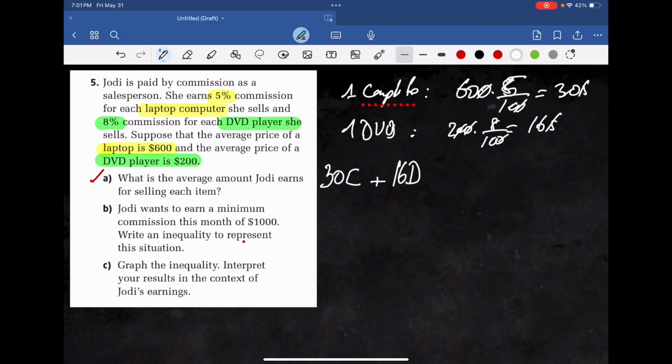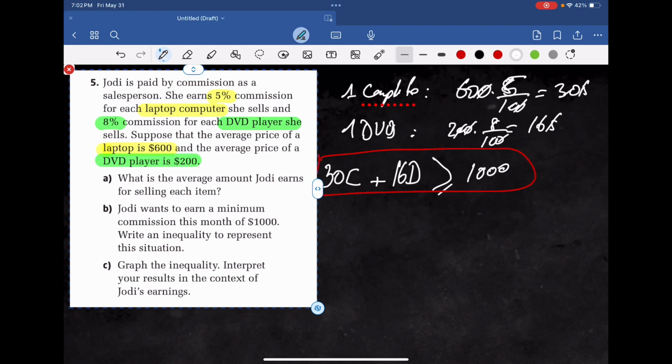This should be greater than or equal to 1,000. So this is the inequality for part B. For part C, graph the inequality.